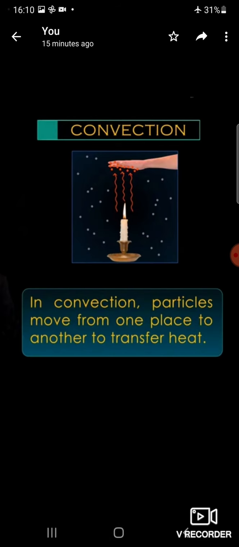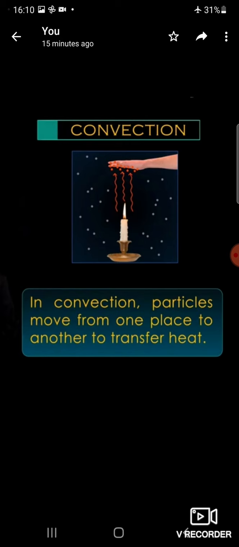Now there is a difference between conduction and convection. The major difference between these two is, in this you can see that molecules are moving from this to the palm, they are free to move.